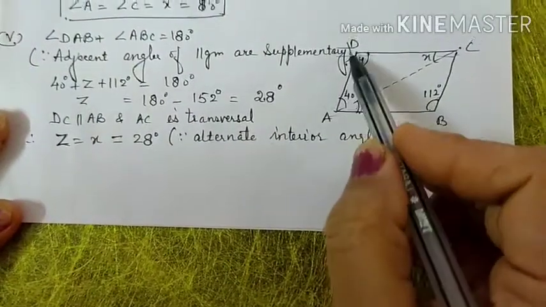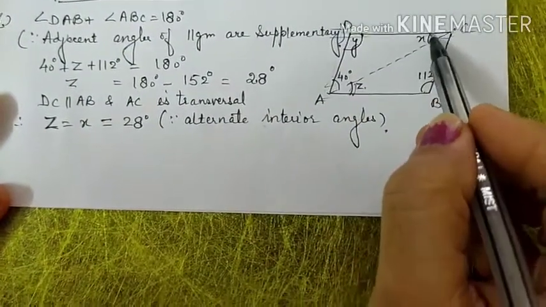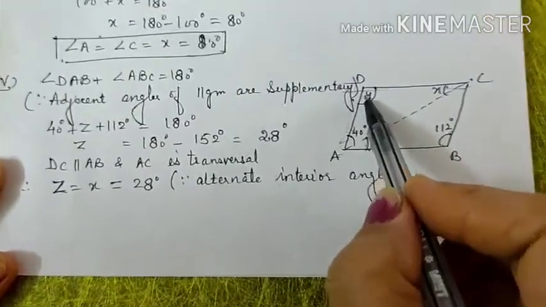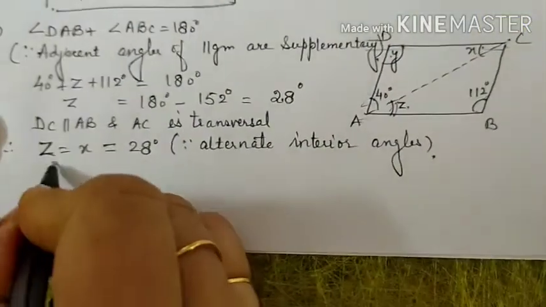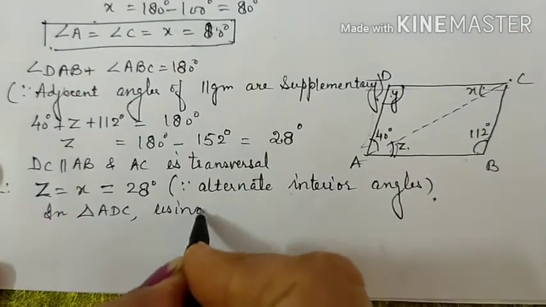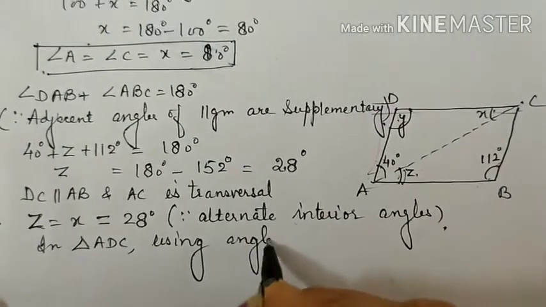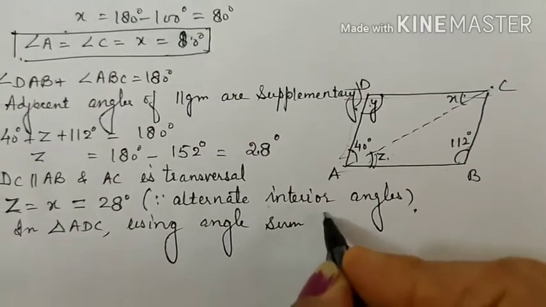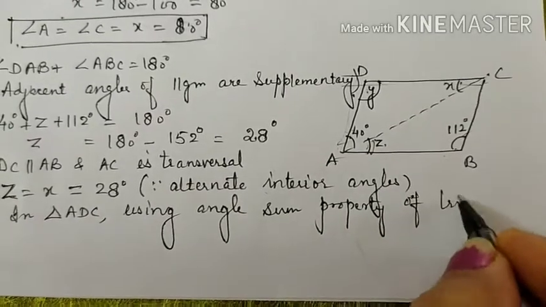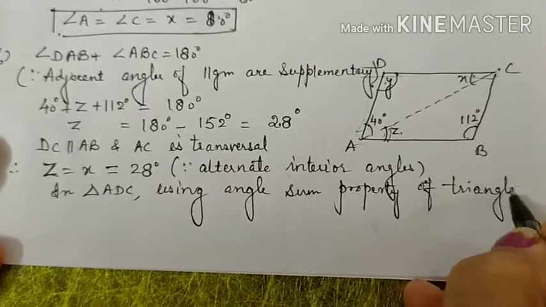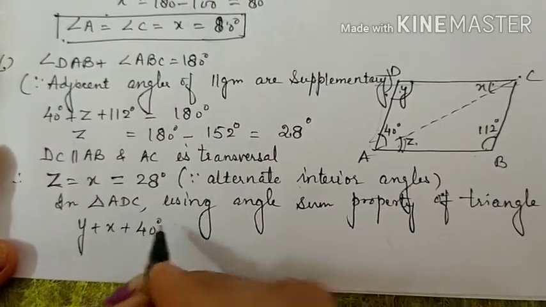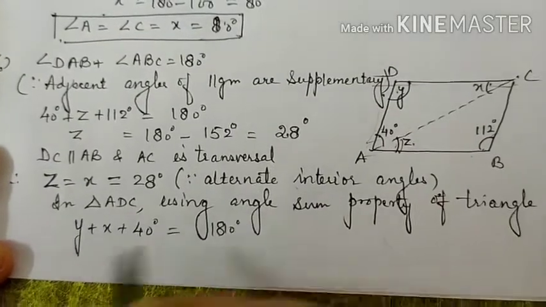Now in this triangle, you know X, and this angle is known. You can find Y by using the angle sum property of a triangle. In triangle ADC, using the angle sum property of a triangle, we have Y plus X plus 40 is equal to 180 degrees.